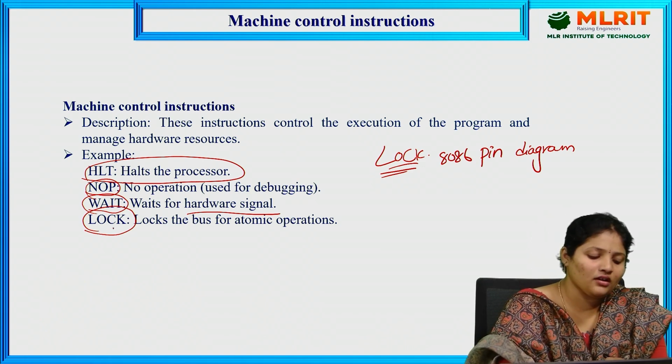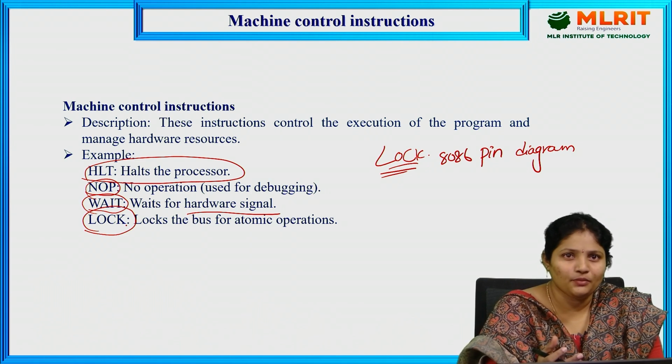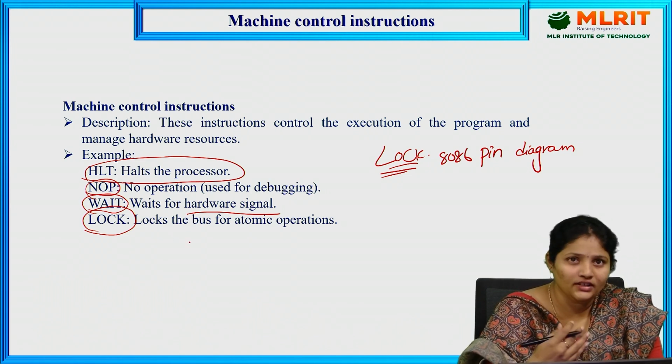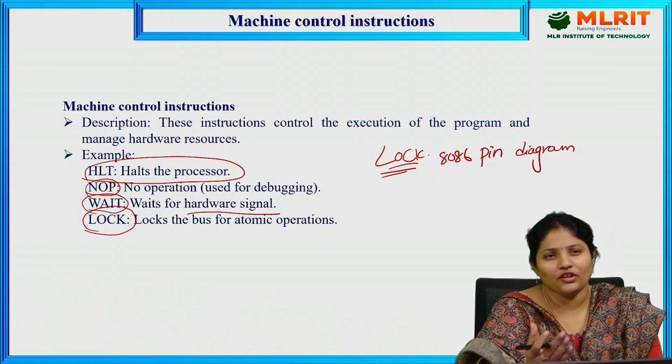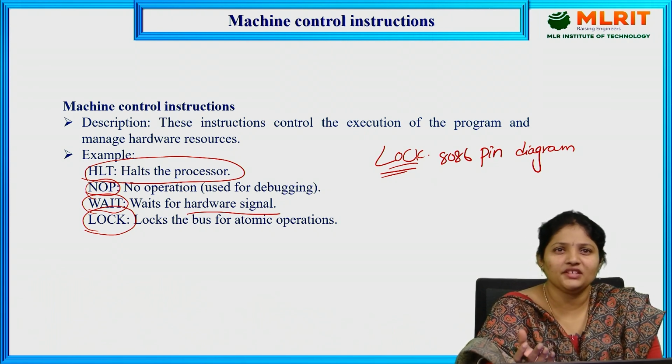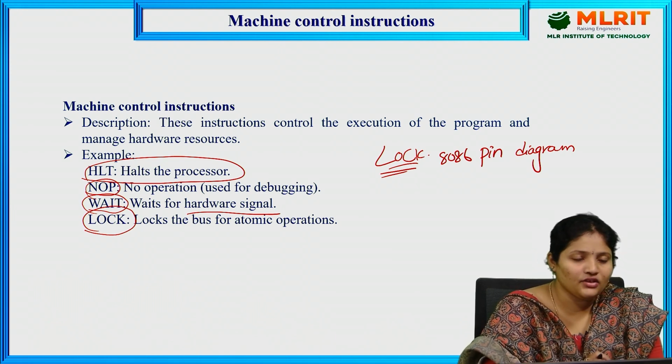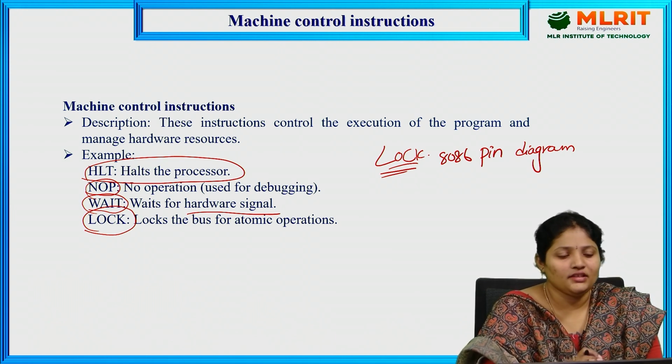If LOCK is executed in the program, then the processor does not give any system buses to the other processors or the external peripheral devices connected to the 8086 microprocessor. So these are the instructions present in the 8086 microprocessor.